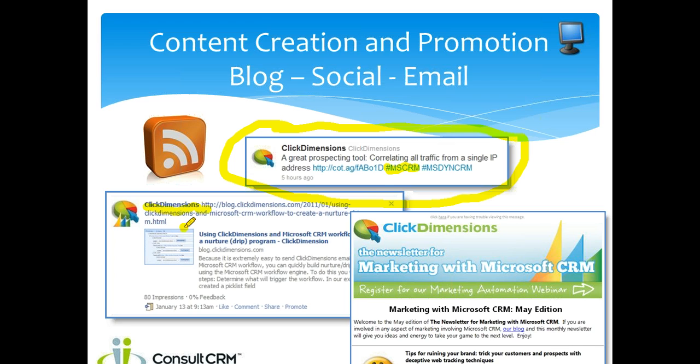So when we do a blog post over here, we'll put it out on Twitter with a little line about what it is and then a shortened URL to take people to the blog post, and then we will put in a few hashtags because people search in their Twitter clients on their mobile devices and on their browsers for these hashtags. People that are interested, for example, in Microsoft CRM tend to search on these 2 hashtags, #MSCRM and #MSDynCRM.